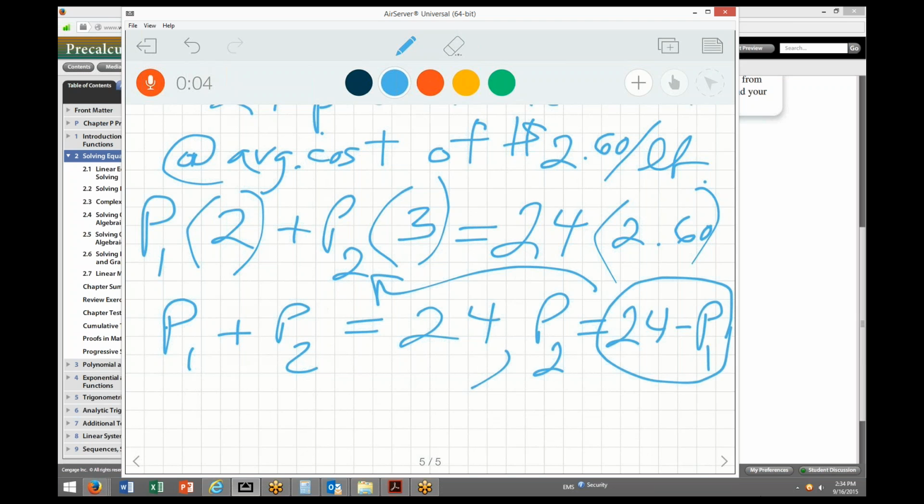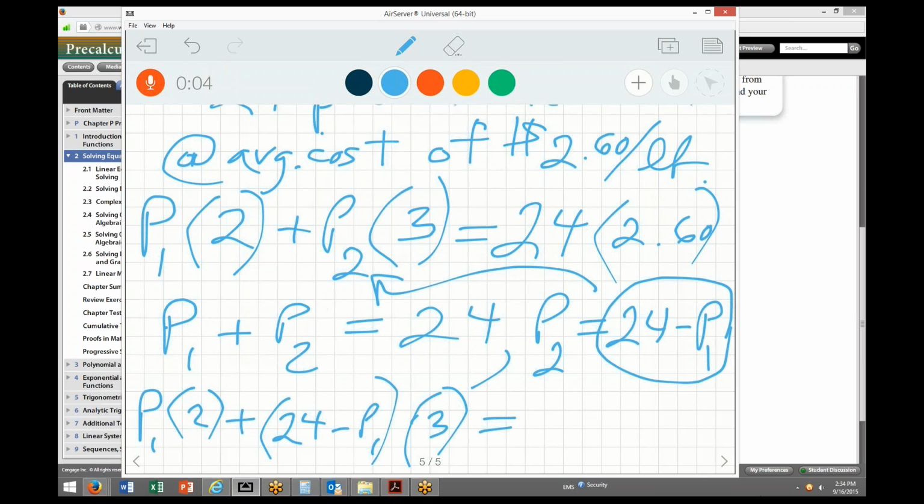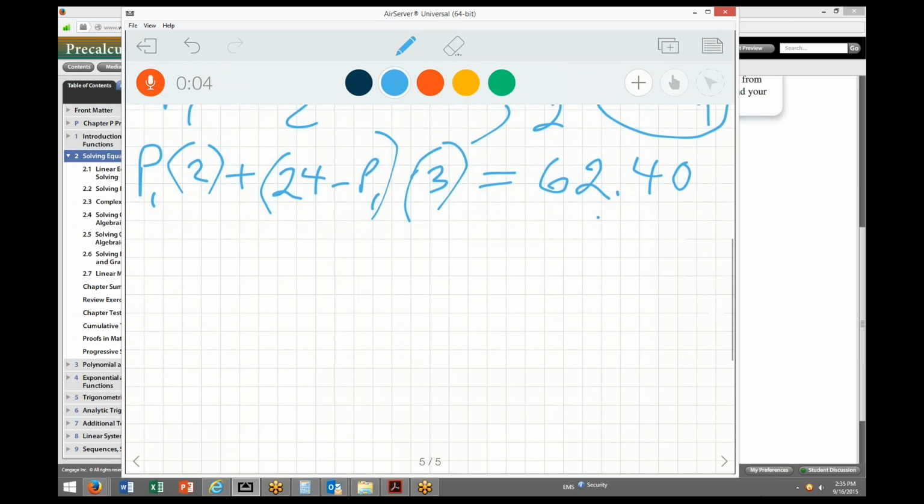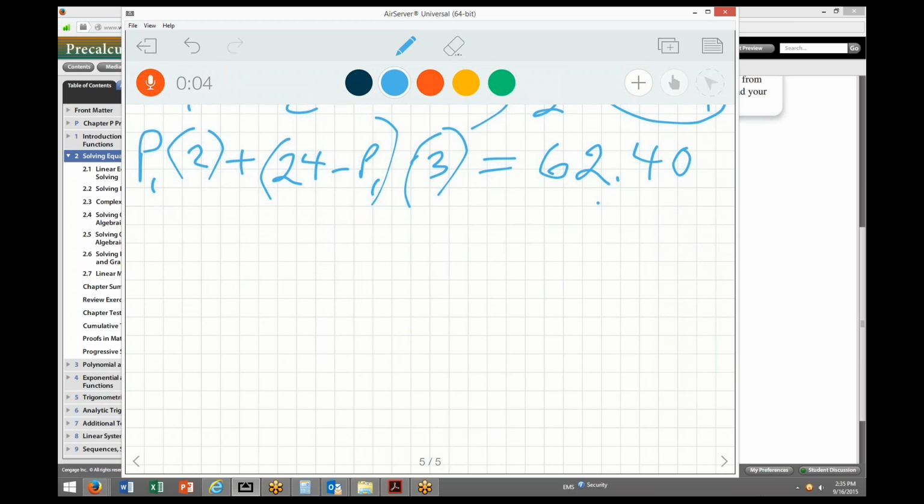So let's rewrite the equation. P1 times 2 plus 24 minus P1 times 3 equals 24 times $2.60. Well, 24 times $2.60 is $62.40. Okay, so let's distribute this out now.